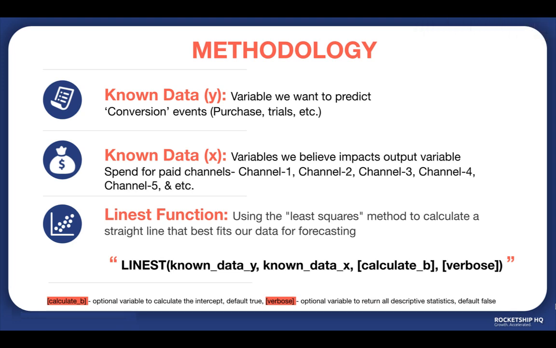Calculate_b is an optional variable to calculate if we need the intercept, and verbose if we want some more statistical values along with the basic coefficients. By default, calculate_b is set to true, so we have the intercept, and verbose is by default set to false. I suggest taking it as true. Here I have used verbose set as false and true both.